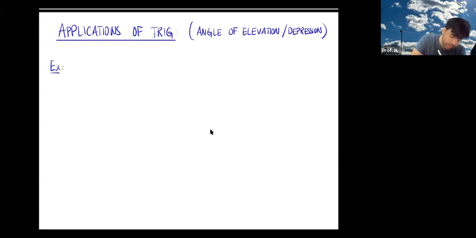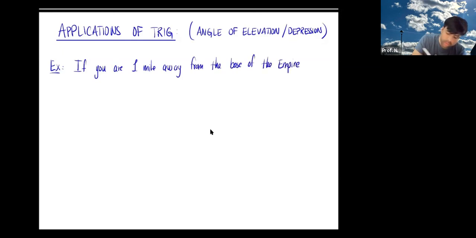So for our first example, if you are 1 mile away from the base of the Empire State Building, an angle of elevation of 11 degrees is made.